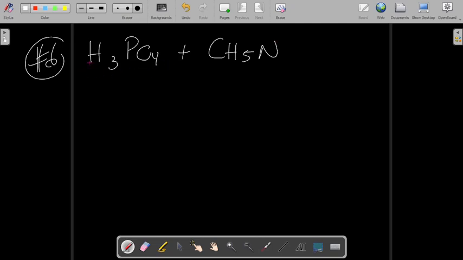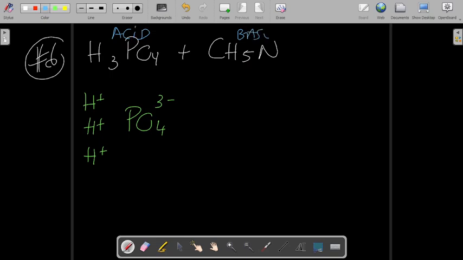We know this is the acid, phosphoric acid. So we know that this will break apart into the proton ions and this polyatomic ion with 3 negative charges. So if this is the acid, this has to be the base. I see hydrogens here.